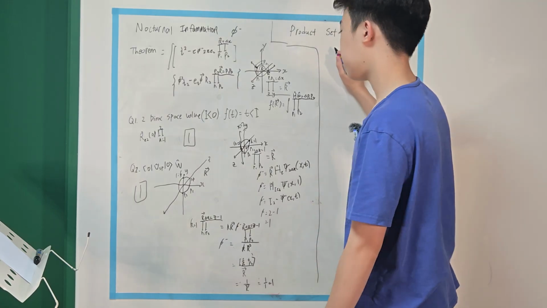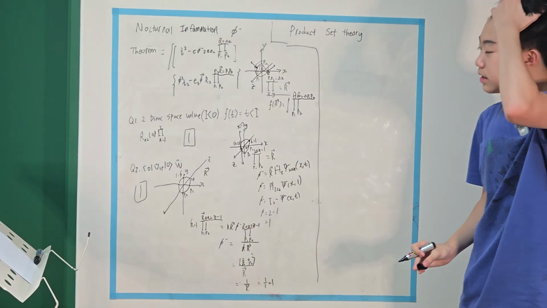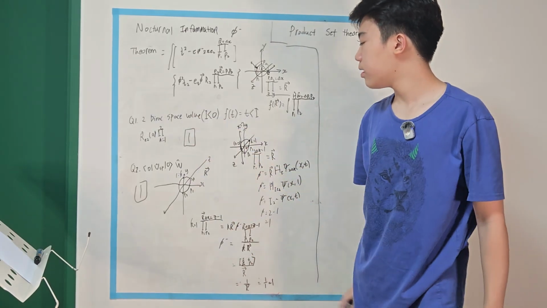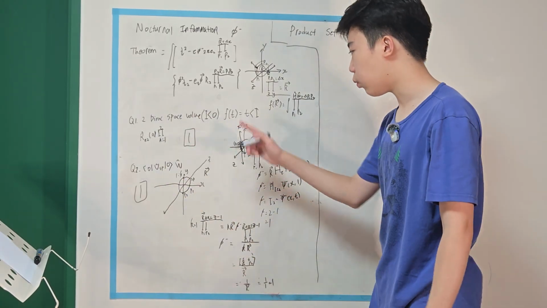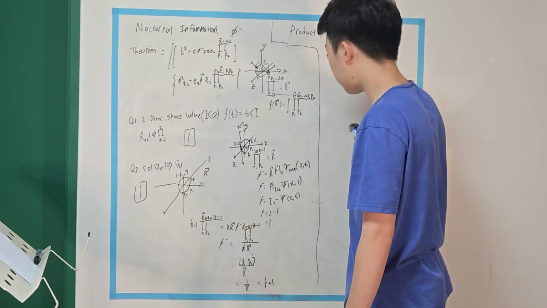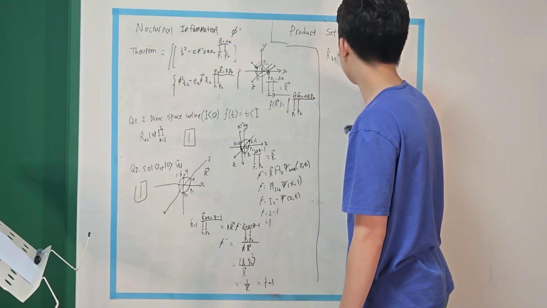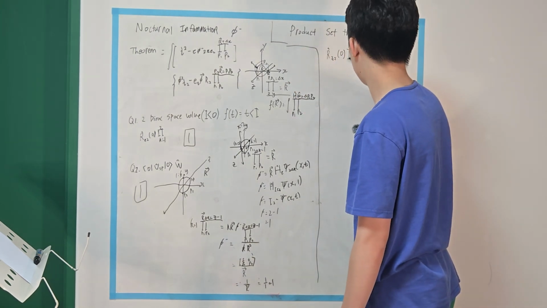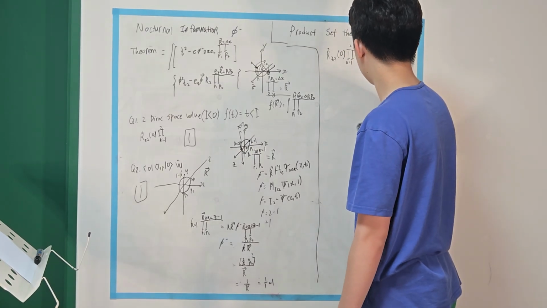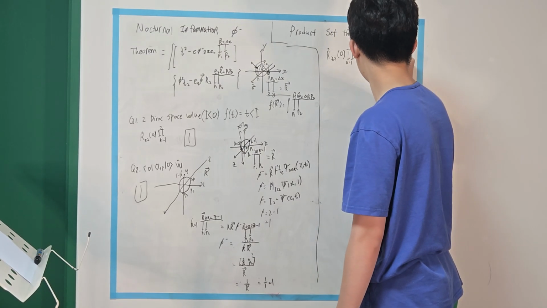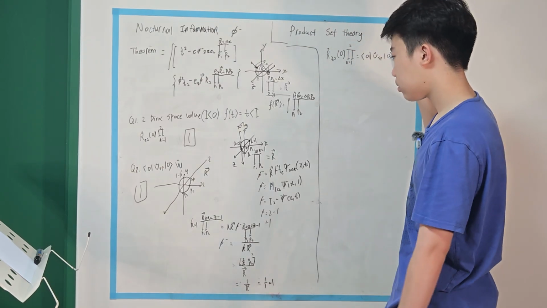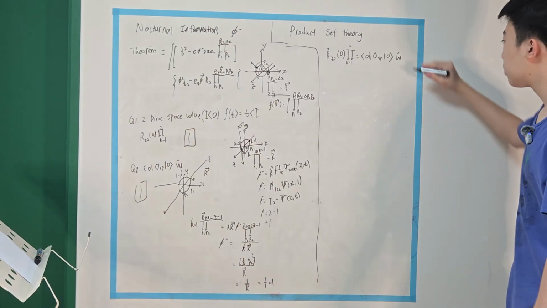The product set theory. What it is that the Dirac space value, which is 1, if we have this graph, which is 1, is equal to this one, which means that the basic equation is this one.